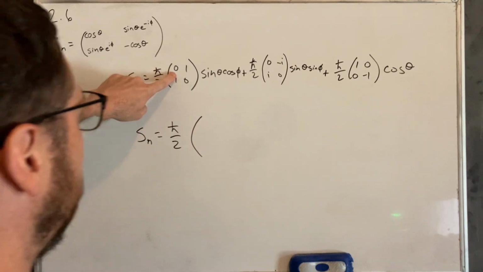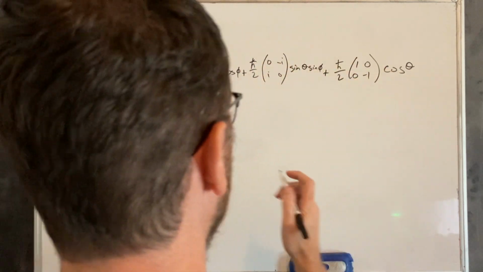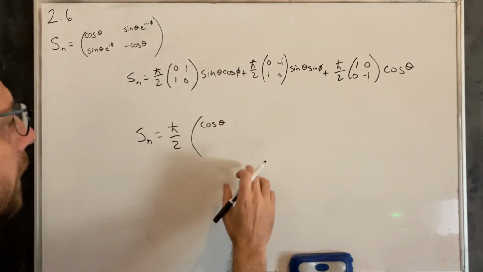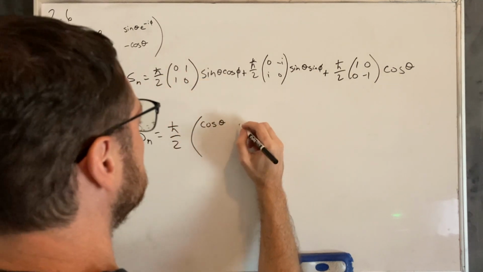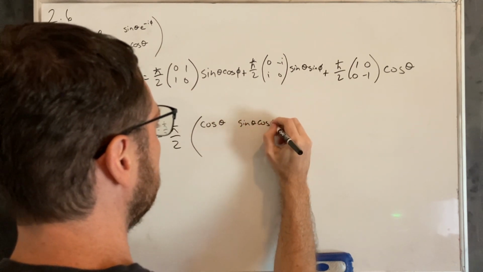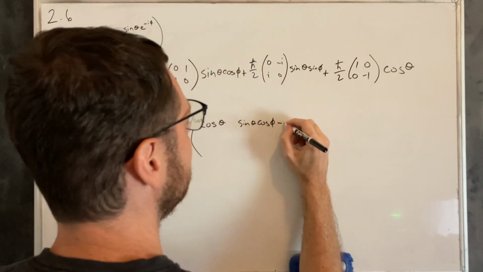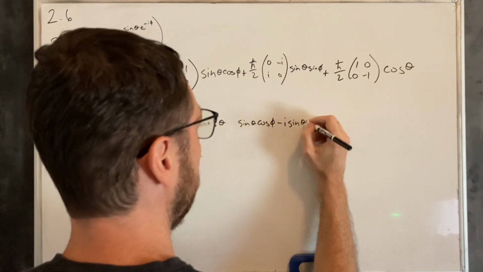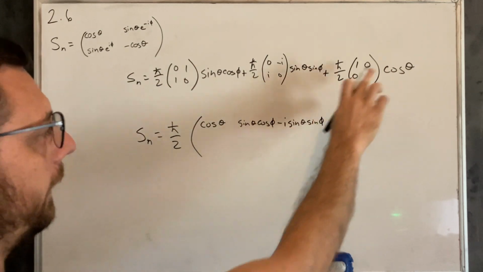Then we're going to have a 0 here, plus 0 here, plus cosine theta there. So cosine theta. For here, we're going to have a sine theta cosine phi, we're going to have a minus i sine theta sine phi, and 0.